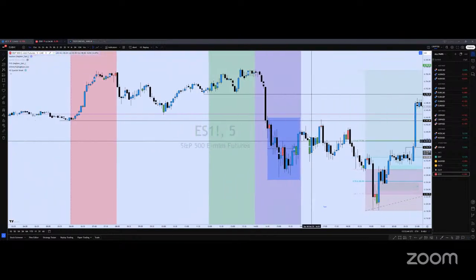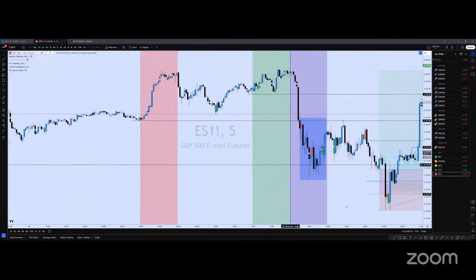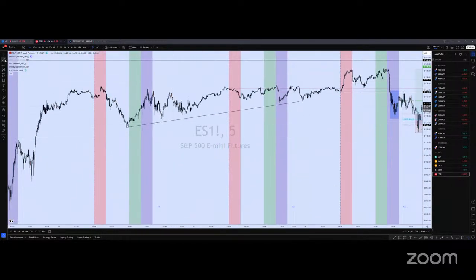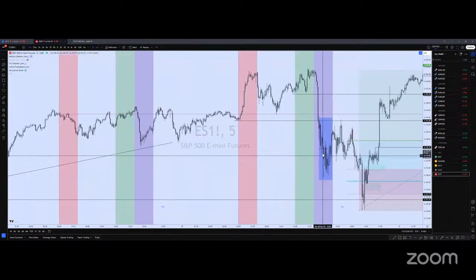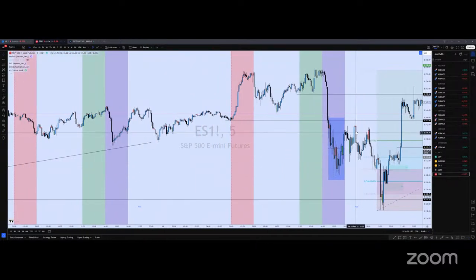This is what we got. Imagine sitting on the 1 minute chart expecting price, because I was expecting them to go and attack this low. It eventually did, but not when we were having a session. It was way after, which I did get a trade to go there. But during the session here, that's when I was expecting them to do that.